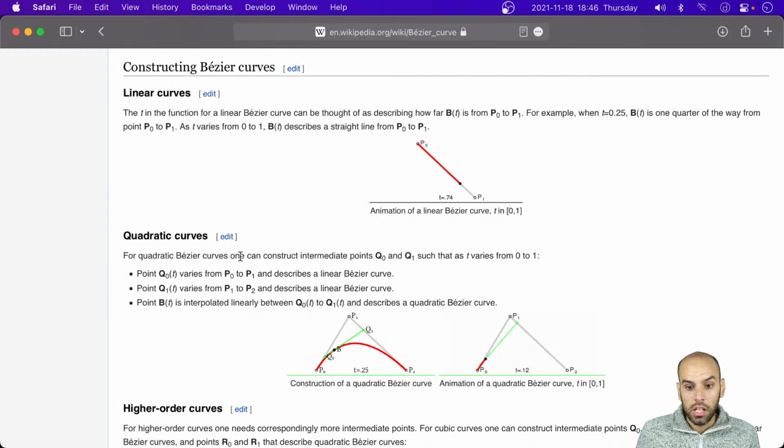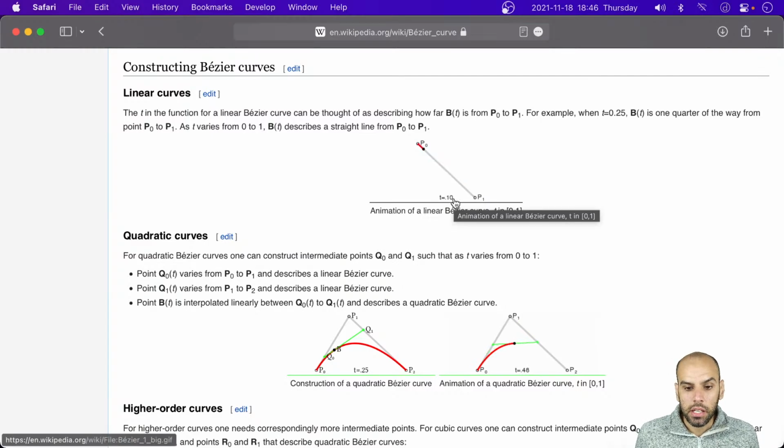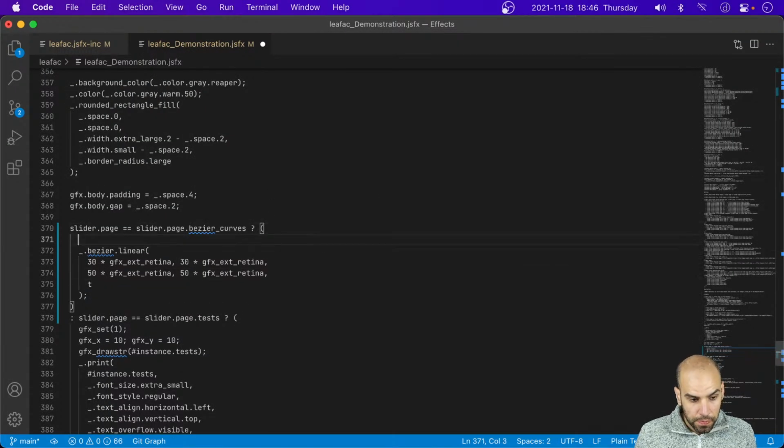But that's not all. A Bezier curve is known as a parametric curve. The parameter that we are talking about here is the time. So you can think of the time as this little dot moving across when we are drawing the curve. And this is going to be a variable that we have to define. So we need to say something like t equals 0.